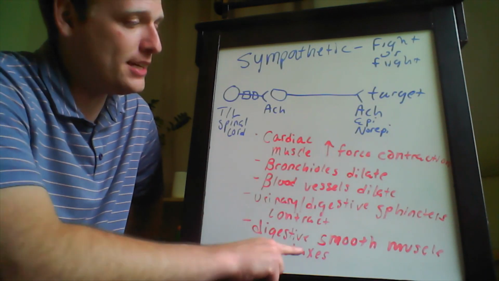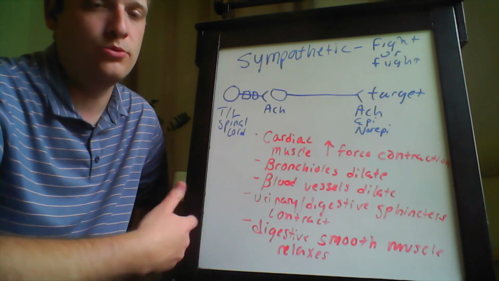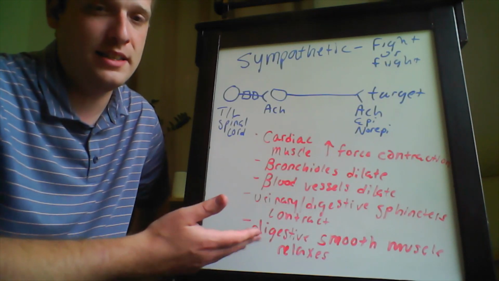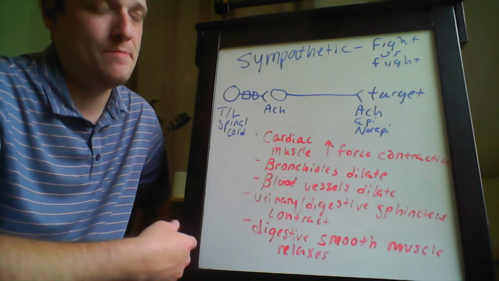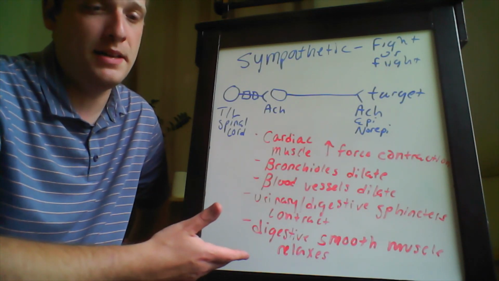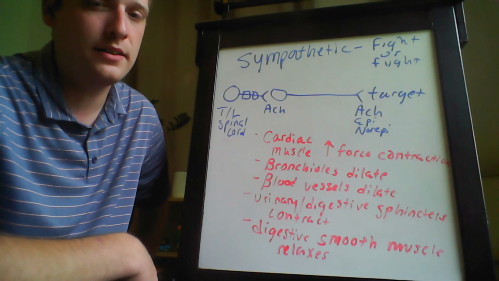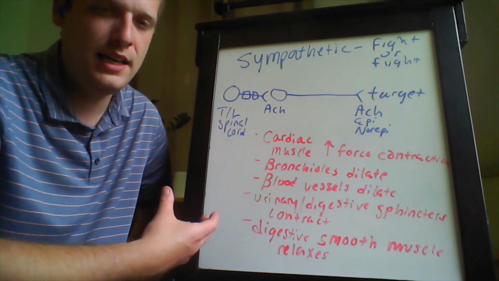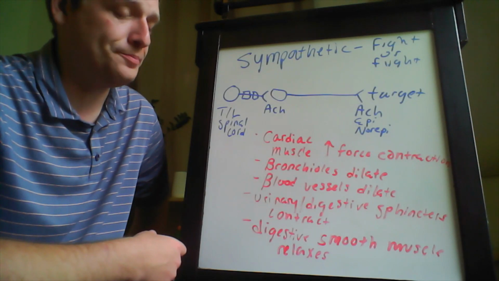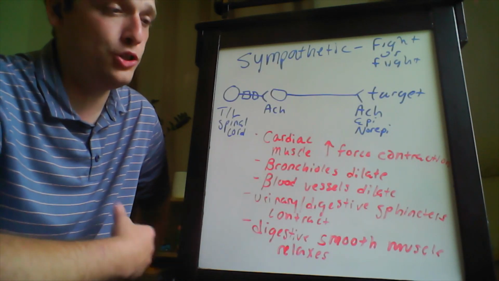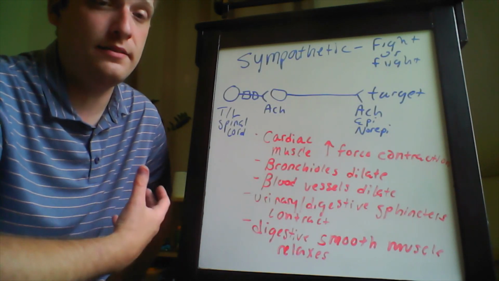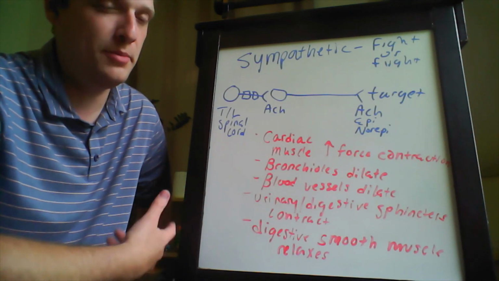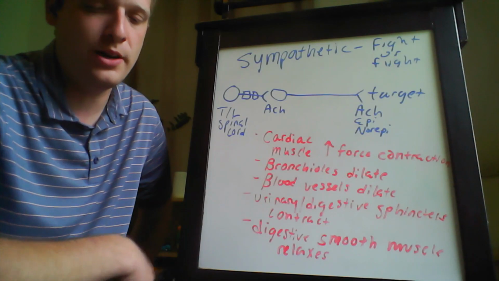And digestive smooth muscle is going to relax, which is going to slow down the speed that food is being passed through your digestive tract. So again, resources are being diverted away from where they're not needed and toward where they are needed, like the tissues such as skeletal muscle that you're going to be using a lot of in a fight or flight situation.